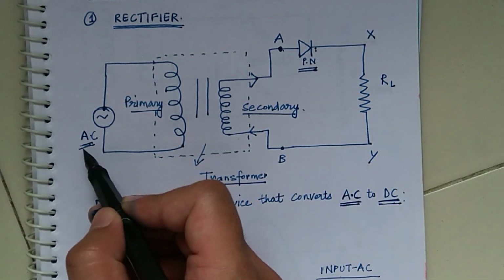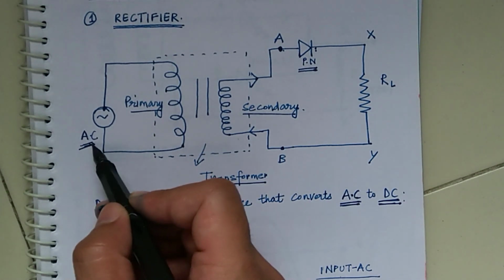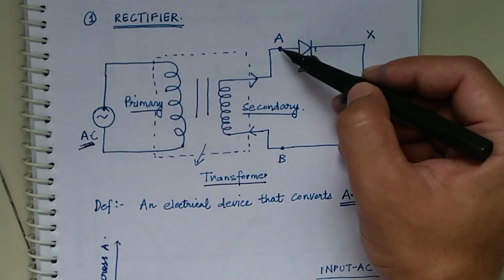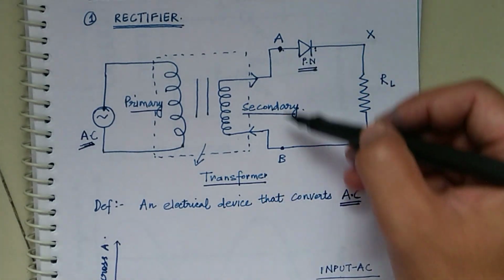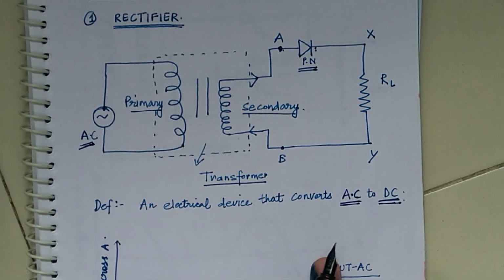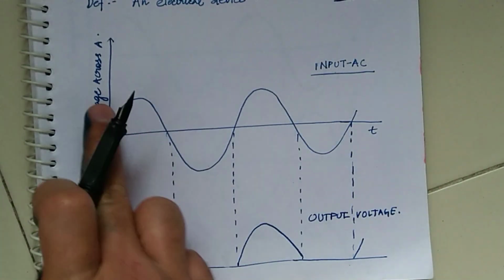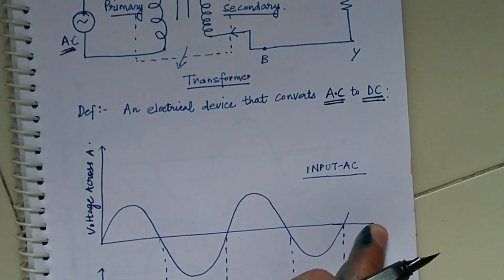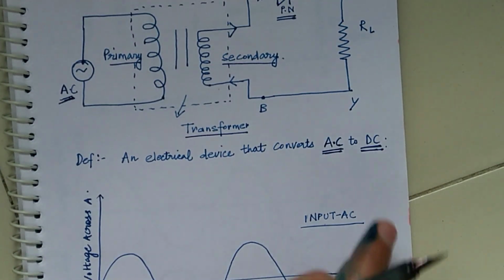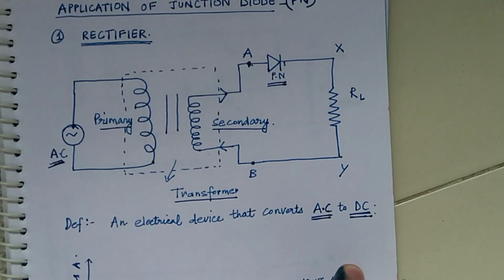Here we have supplied this alternating current voltage, and we will be getting voltage across A as well as B, already in the form of a sinusoid. That is, this form will be there across A and B. Now the interesting part arrives.